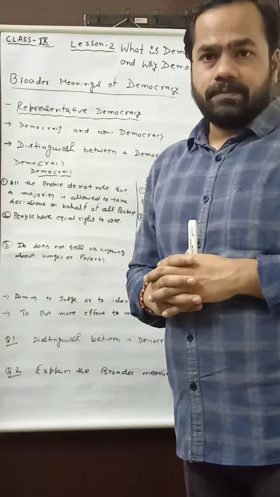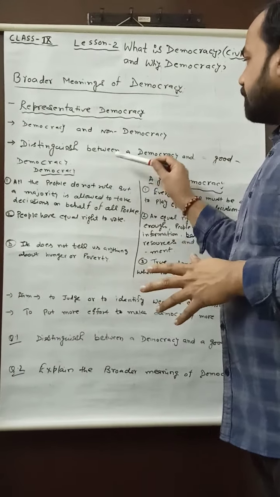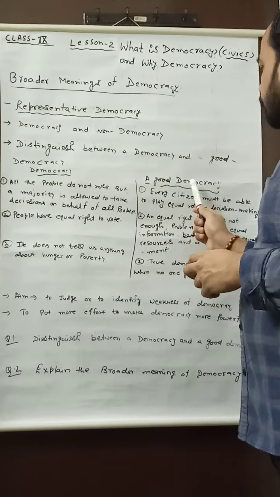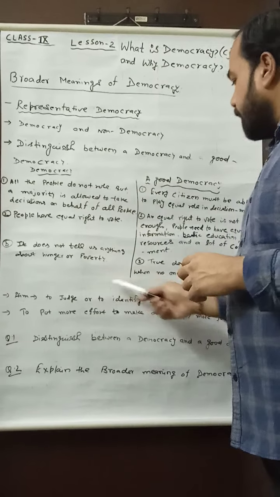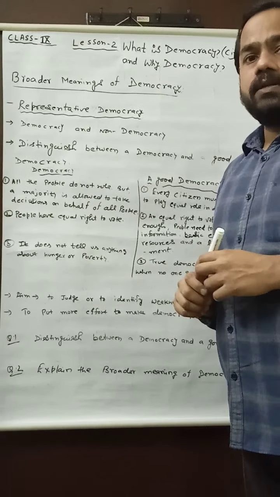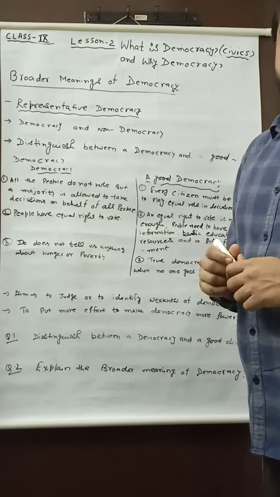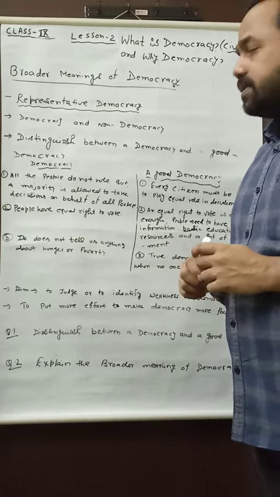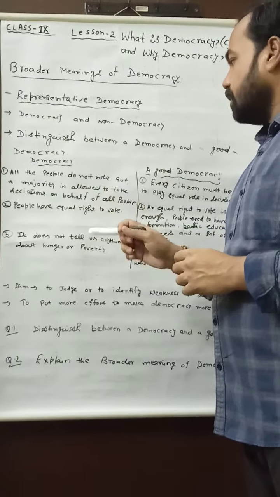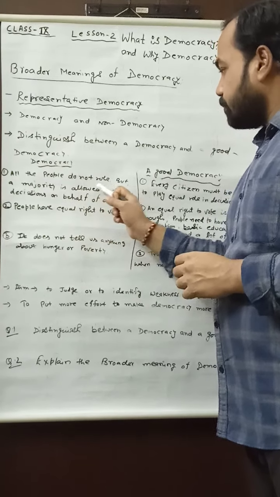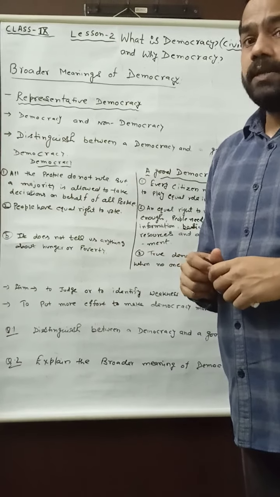First of all, you may see here I have written on this whiteboard differences between democracy and a good democracy. When you get all these points, then you can understand the differences. The first point which I have written is: all the people do not rule, but a majority is allowed to take decisions on behalf of all people. What is the meaning of that?